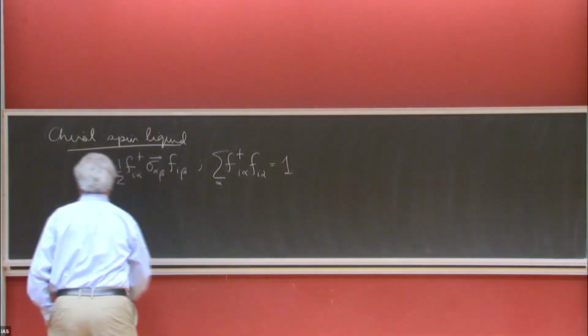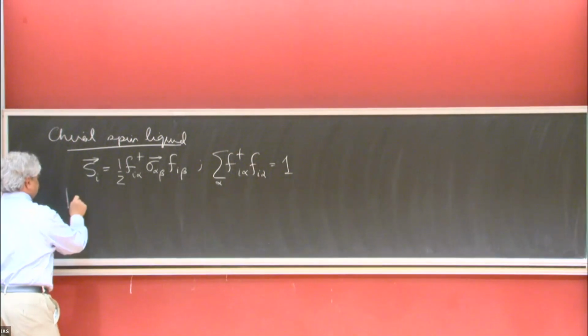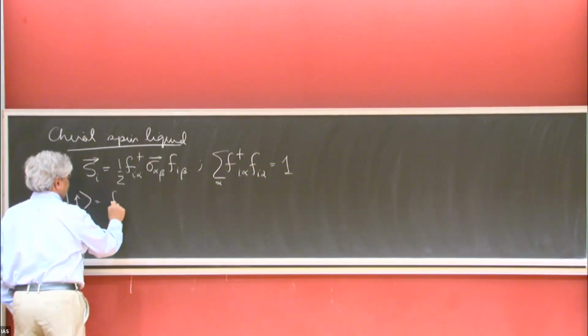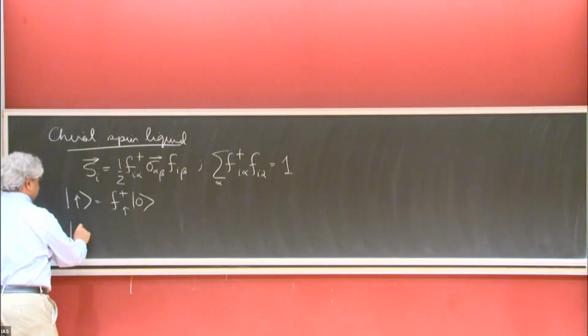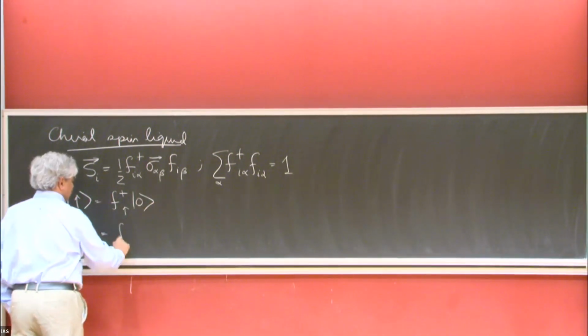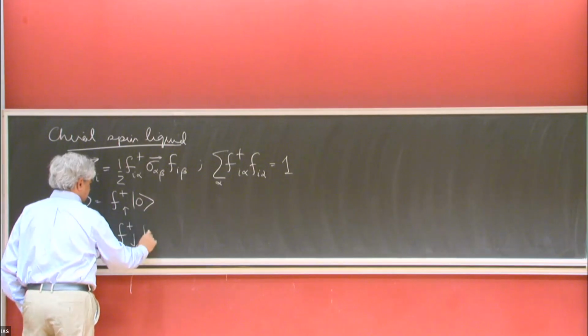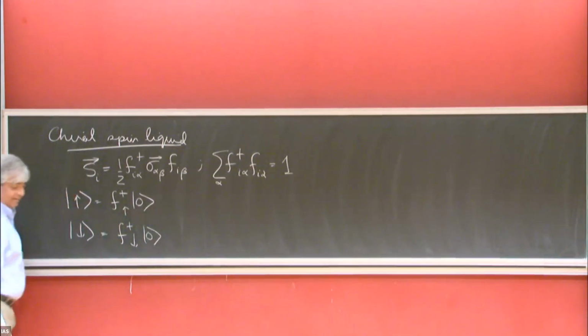So the Hilbert space of states on each site is the up state, which we think of as a fermion acting on the fermion vacuum, and the down state, which is the other fermion. Okay, so this is exactly what we did for the Z2 spin liquid, except using fermions rather than bosons.